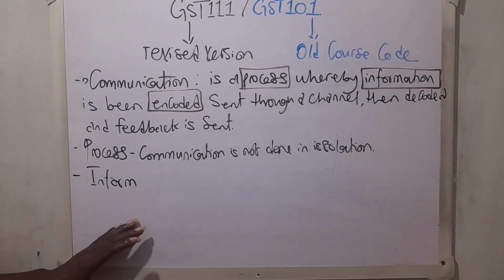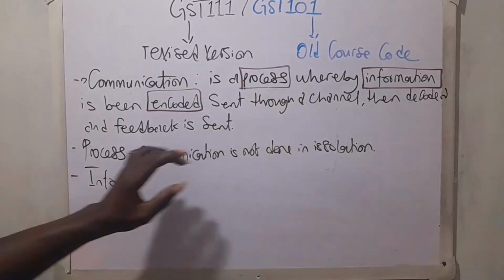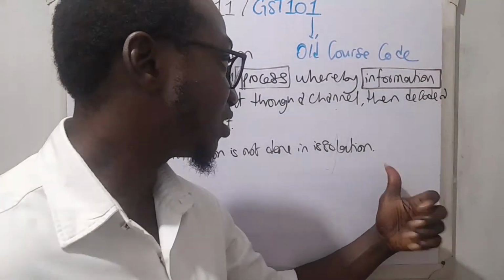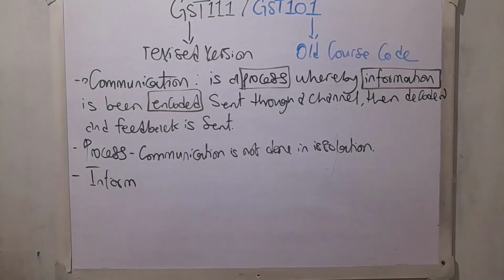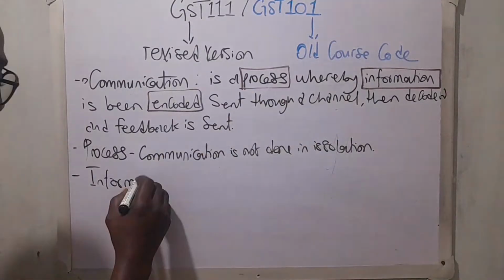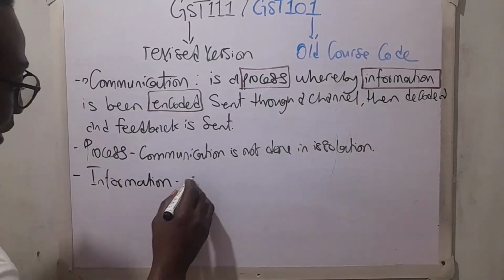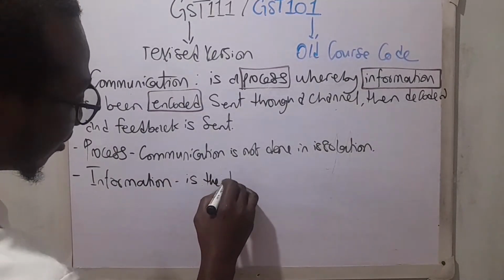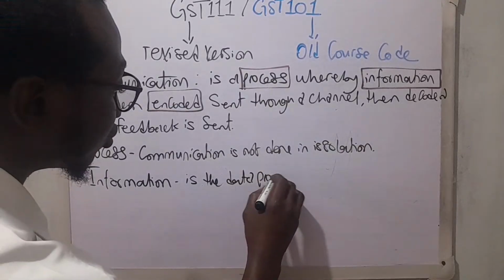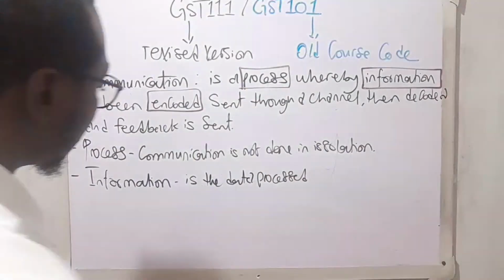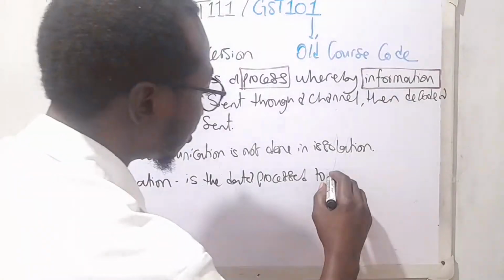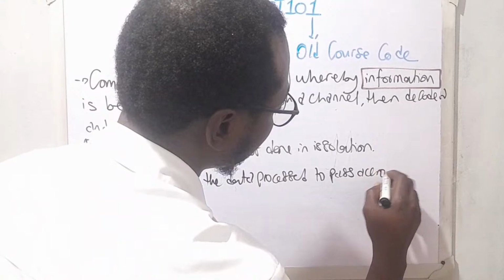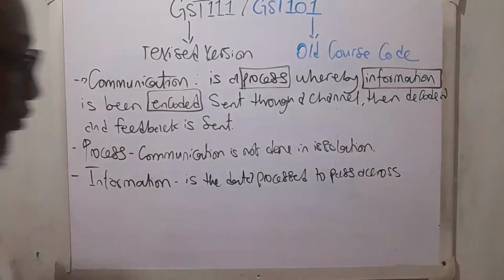So as I was explaining, we have process which we said is not done in isolation, meaning you have to be intentional. And we said information here is the data processed to pass across.